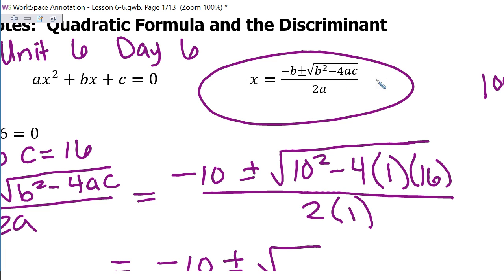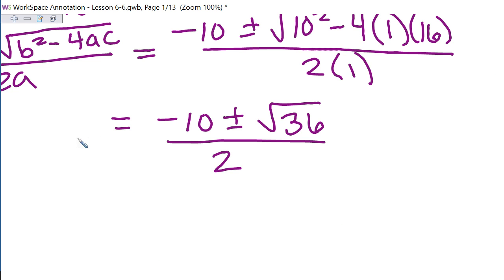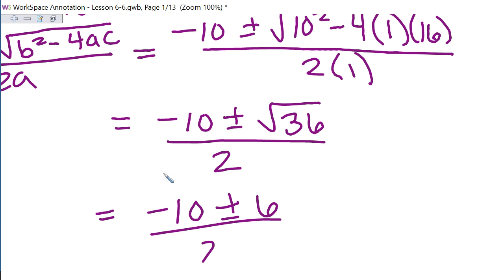So what's 100 minus 64? 36. So the number that should go under the square root should be 36. And I know the square root of 36. What's the square root of 36? 6. So after you get one number, simplify your radical. So this would be negative 10 plus or minus 6 divided by 2.